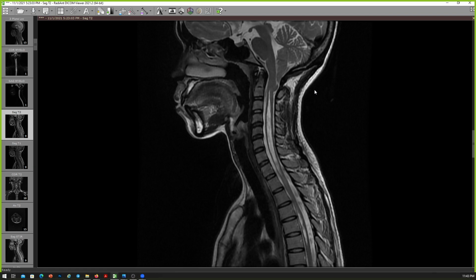For me, this is a case of Chiari 1 malformation. I would like to check other sequences and to go for brain MRI with contrast to check for associated hydrocephalus, and convey my finding to the treating physician and ask for neurosurgical referral.